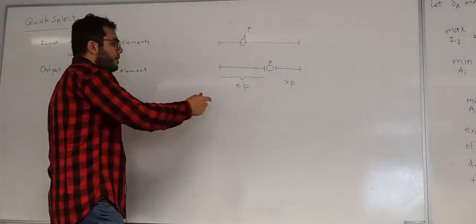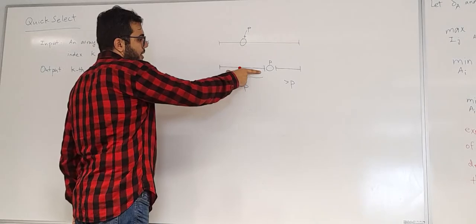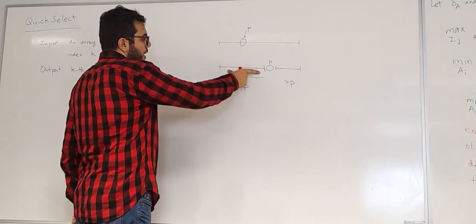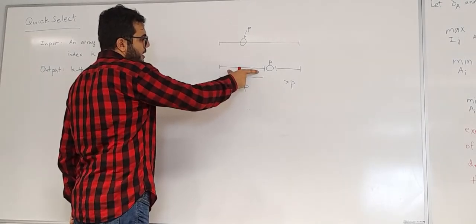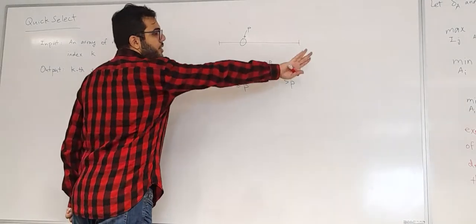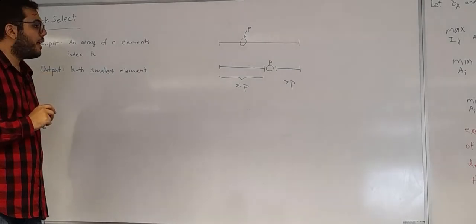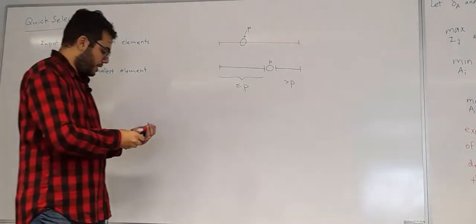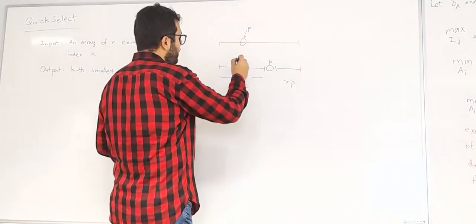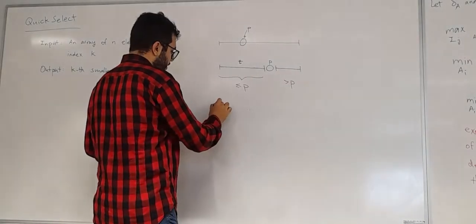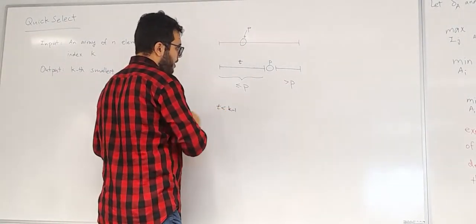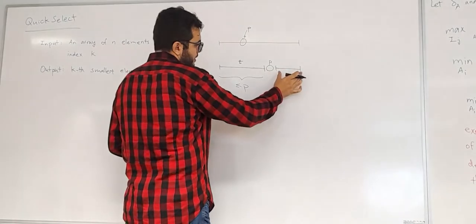Otherwise, if I have more than k minus 1 elements here, then I have to find the k-th element in this subarray, and I can just ignore that subarray, which was greater than p, right? Otherwise, let's say that I had t elements here, and let's say that t was less than k minus 1. So the k-th element is here.